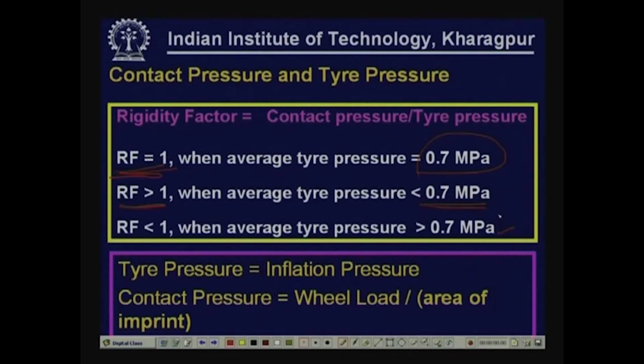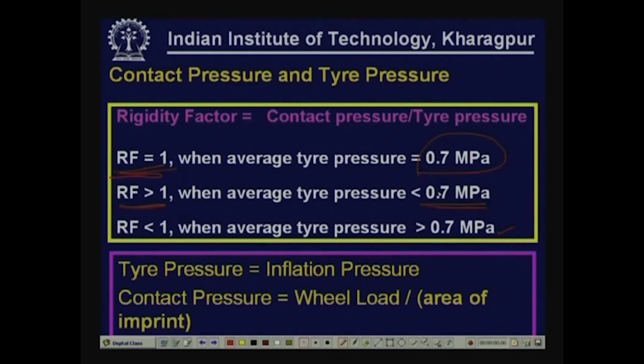But obviously for all this we need complete information about, if it is 0.6, what will be the rigidity factor, and then how much the contact pressure can be assumed to be. You need accurate information about all this.